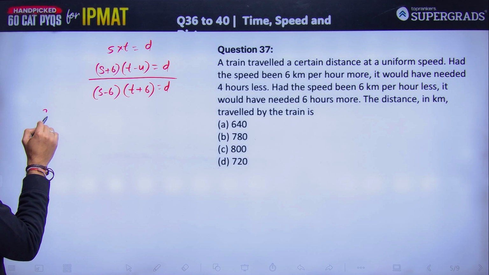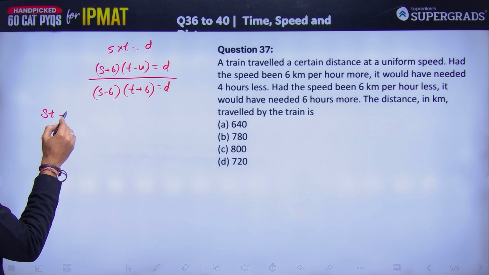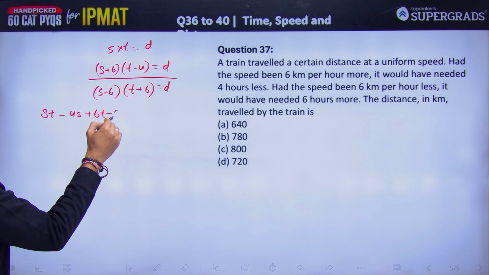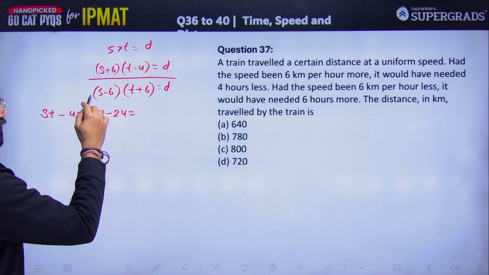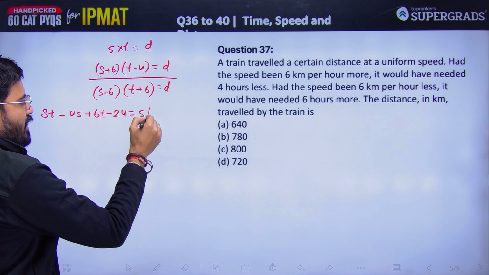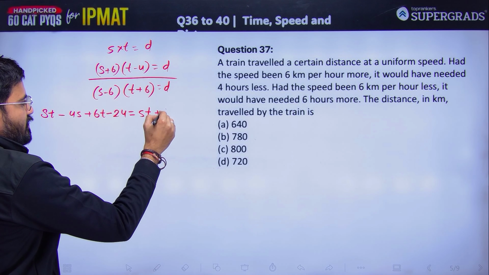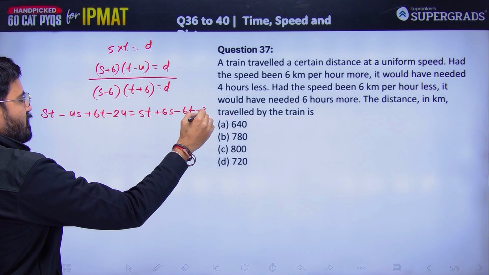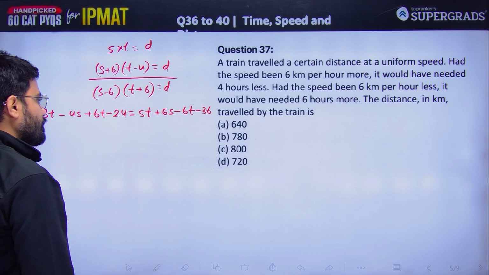So it will be st minus 4s plus 6t minus 24 is equal to, ये d से d कैंसिल हो जाएगा, ये सामने चला जाएगा तो सामने दिखेगा st plus 6s minus 6t minus 36.